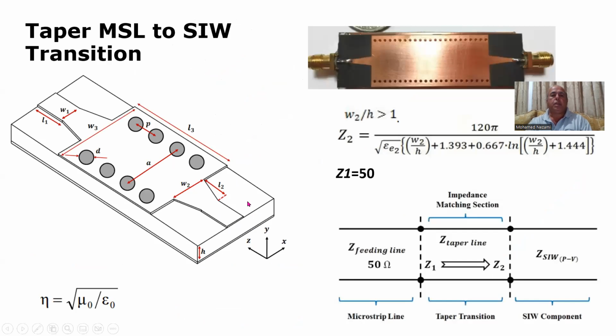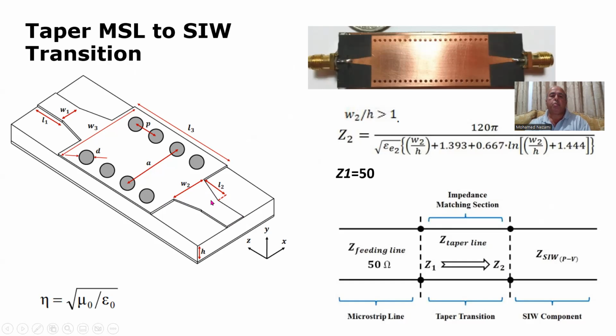Now, to integrate these to a microstrip line, as we introduced last time, we said that we've got a 50 ohm line, which is in this case this, and to get to the SIW, since this is much wider, so it's much lower impedance than 50 ohm, we use tapered lines. In this case, the second width is width2, and the length is L2.